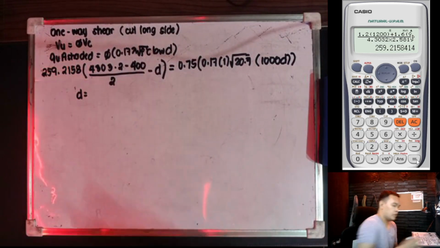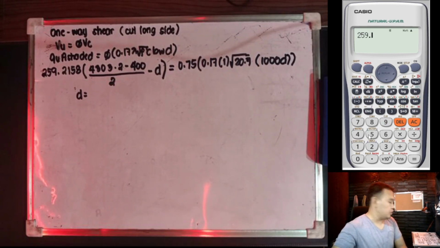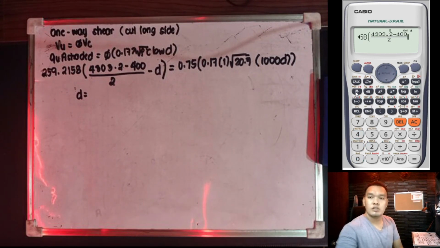So we have here D is equivalent to 259.2158 multiplied by 4303.2 minus 400 divided by 2, minus D, then equals 0.75 multiplied by 0.17 the square root of 20.7 multiplied by 1,000 D. Then shift solve.